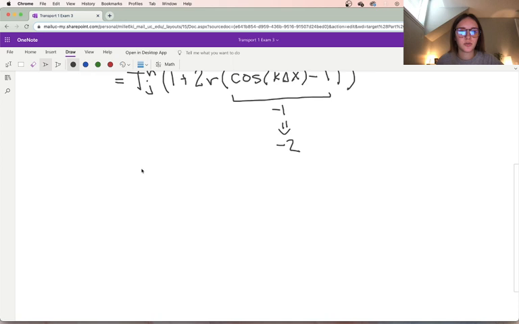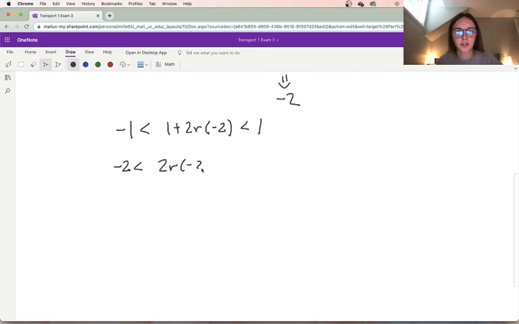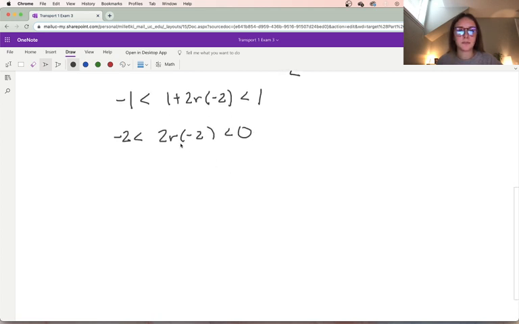So we're going to write an inequality. It's going to be negative 1, and then we're going to have 1 plus 2R times negative 2, and then we're going to have 1. And so if we subtract 1 from both sides, we'll have negative 2 less than 2R times negative 2, less than 0. And then this times this is going to be negative 4, so we're going to divide by negative 4 on each side.